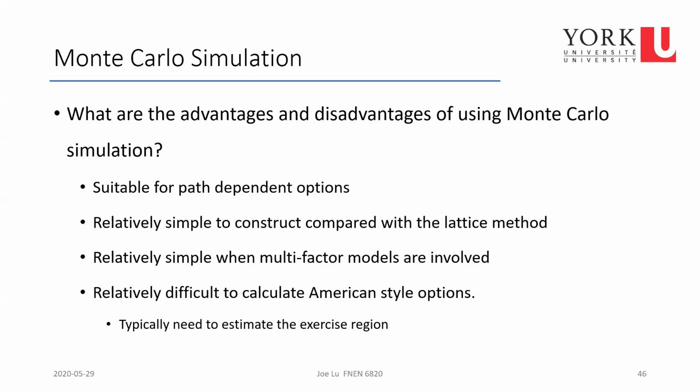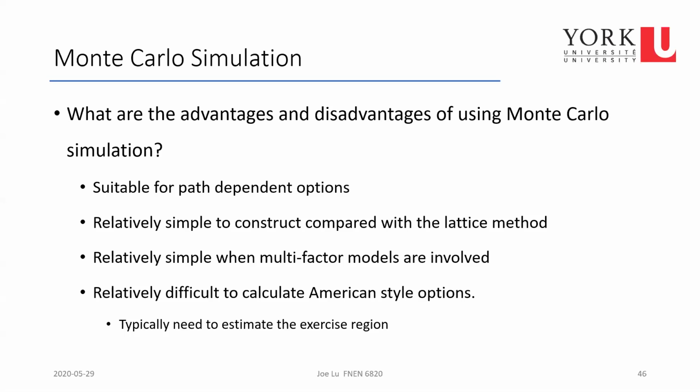And to construct. Also, if you have multi-factor models, it's great, because implementing multi-factor models on a tree is really such a nightmare. It becomes so complicated very quickly and becomes really unmanageable. But for Monte Carlo simulation, it's really not a big deal.